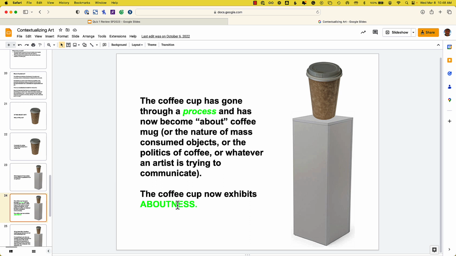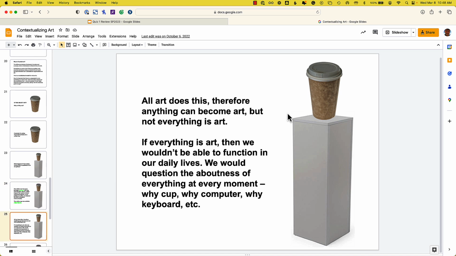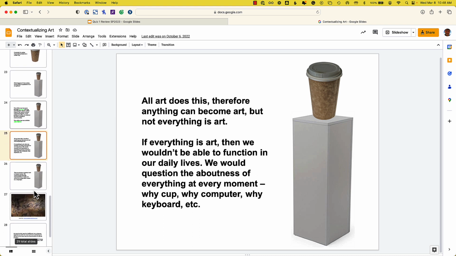All right? And so all art does this, therefore anything can become art, but not everything is art. If everything is art, then we wouldn't be able to function, right? We come into that idea of having to be conflicted by everything we come across, and questioning everything's aboutness, right?